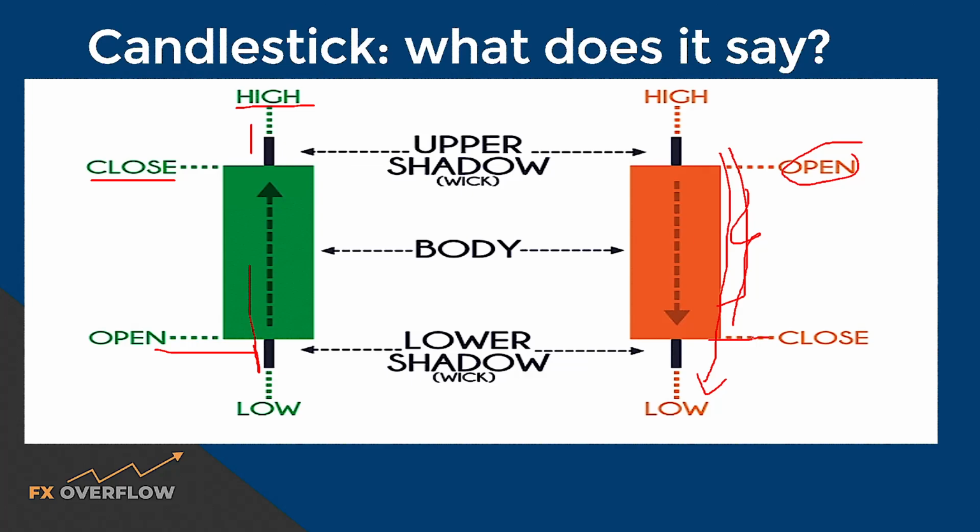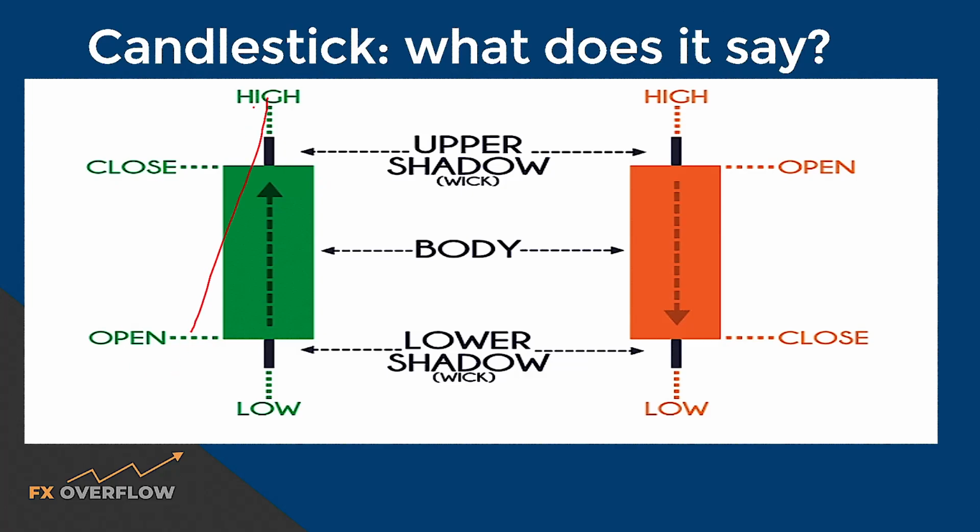Now coming down to the importance of these wicks or the shadow. Shadow can give you a hint of how aggressive the buyer-seller fight was going on at that particular place and who finally won. Okay, let me tell you in very simple terms: in this fight where buyers were trying to take the markets higher, they tried to take it to these levels and settled here.